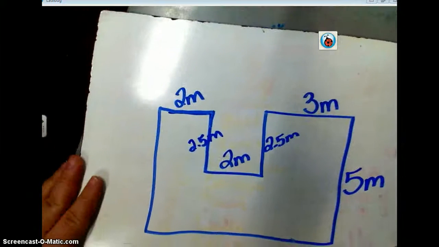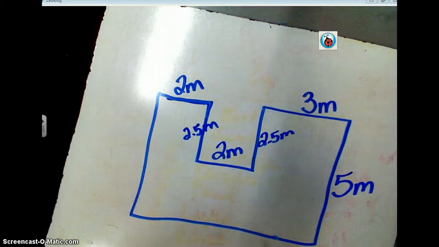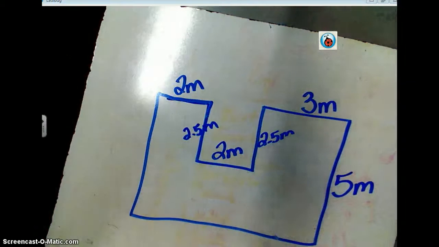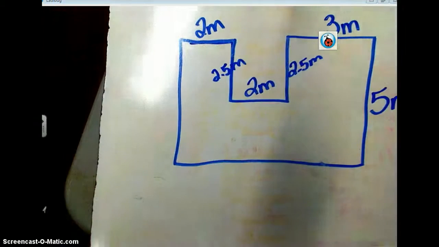All right, you ready? Okay, when I look at this shape, I'm going to divide it.